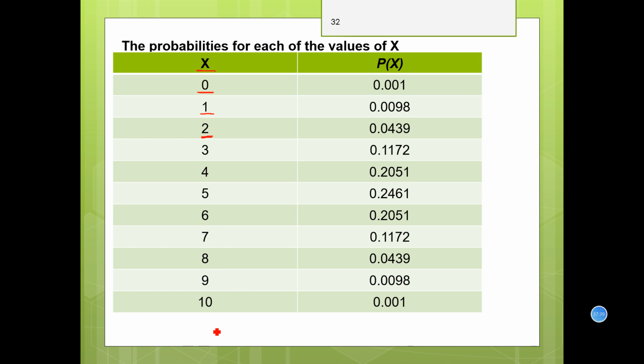We can find that x can be any number between 0 and 10, and then we can calculate its corresponding probability, right?